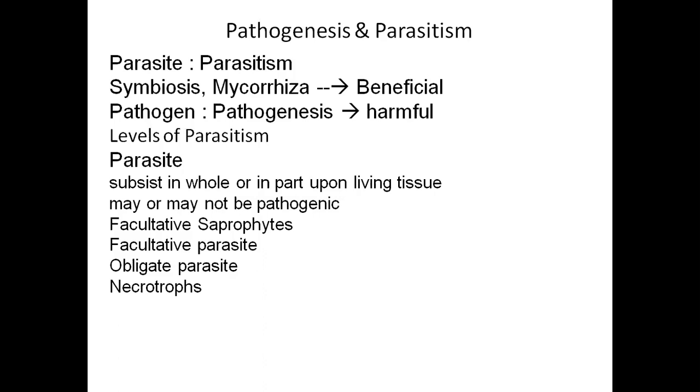Or we may also get another group of parasite which is truly dependent on living tissues and cannot survive without living tissues, and they are known as obligate parasite. And necrotrophs are another group where the parasite first kills the host plants and thereafter grows on those tissues.